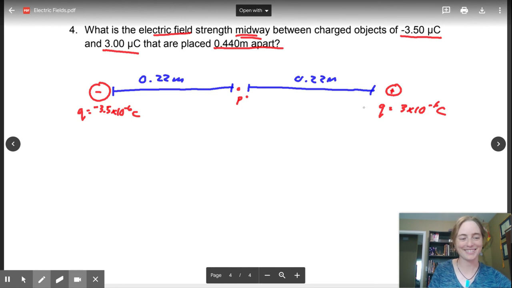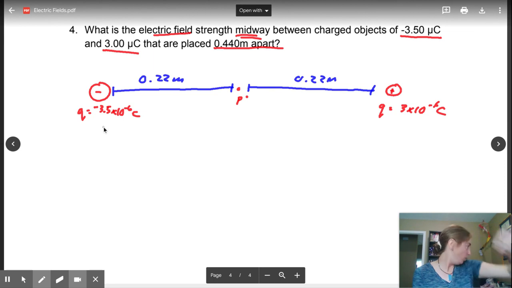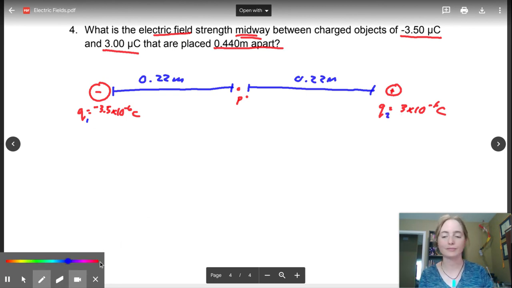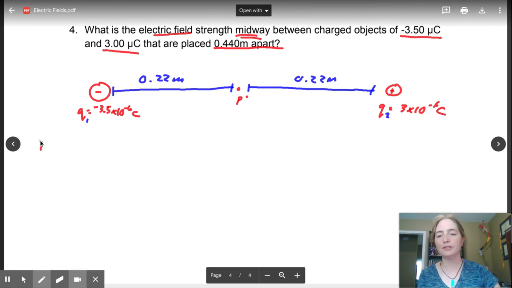All right. Okay. So, ladies and gentlemen, I'm going to call this one 1, call that 2, because I can. And I'm going to find my electric field strength, okay, at 1.